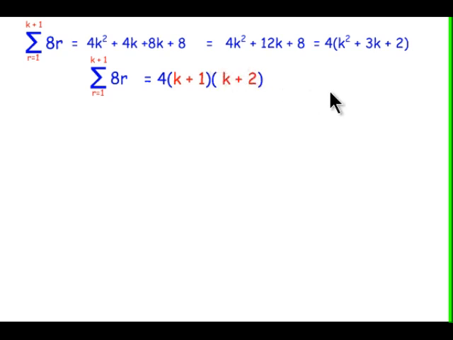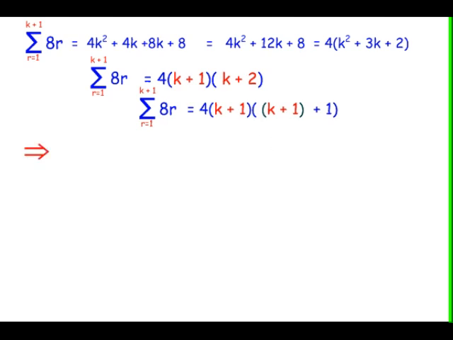K plus 2 can be written as k plus 1 plus 1. And when we do that, we see that the right hand side is then the same as the original, but with k plus 1 instead of the k.